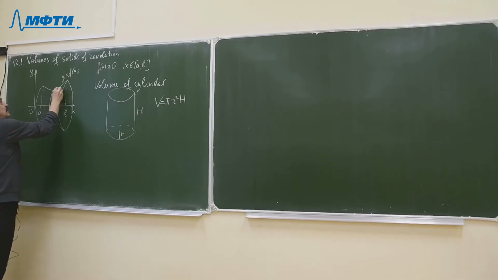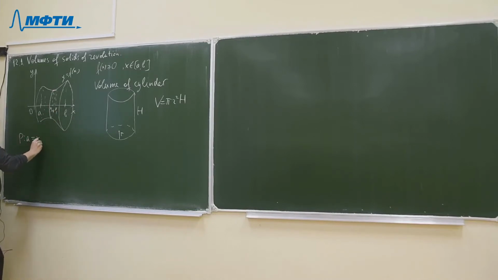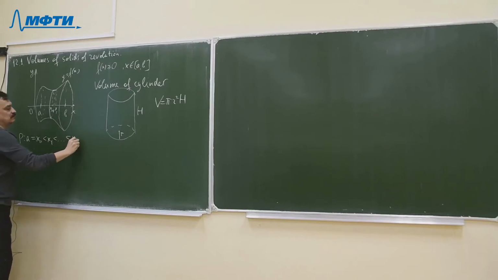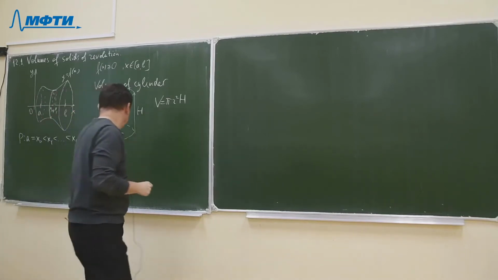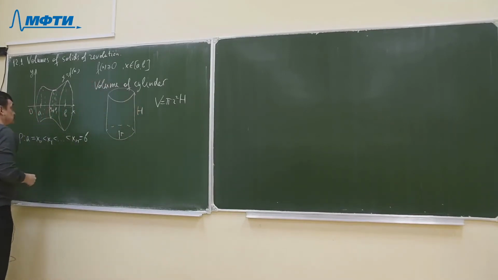If we consider, like before, some partition of our interval, with subintervals x_{j-1}, x_j, and as usual we take the infimum over one interval, let's say x_{j-1}, x_j.